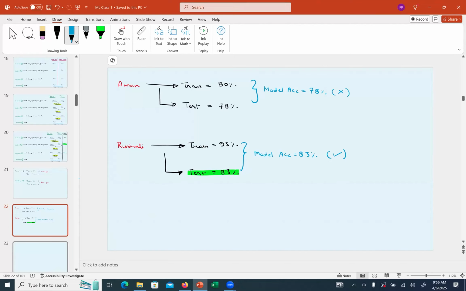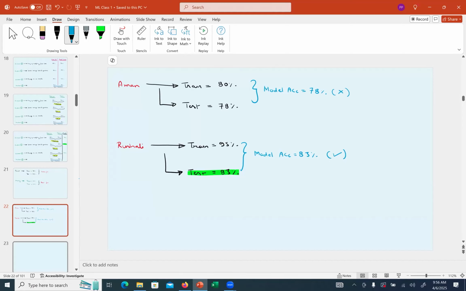Again, think of it from a student's perspective. If a student is able to perform very well in a class test, let's say scoring 95%, but in a board exam he's getting 83%, don't you think that with more training, it is possible that we can increase the test data score as well?